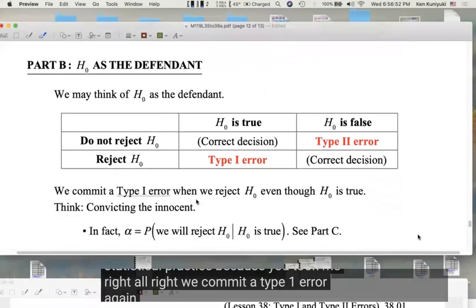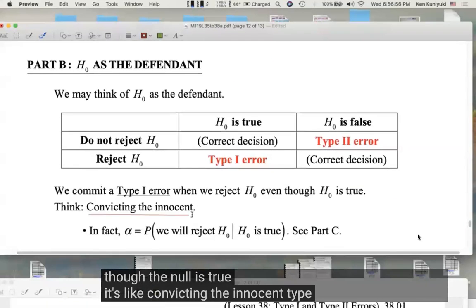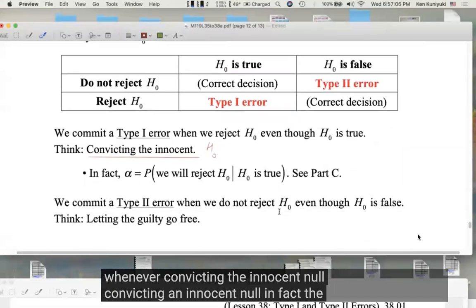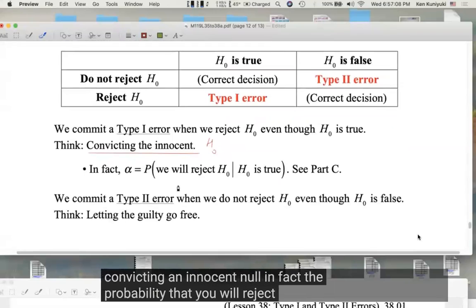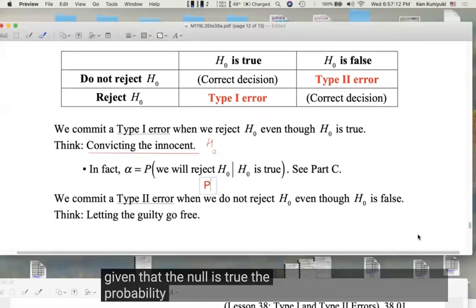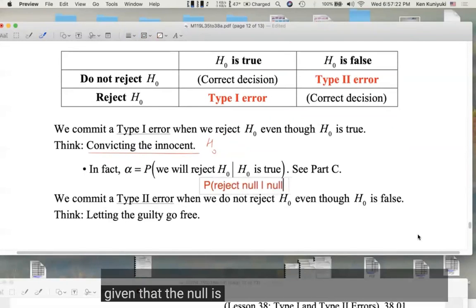We commit a type 1 error when we reject the null, even though the null is true. It's like convicting the innocent. Type 1 error, convicting an innocent null. In fact, the probability that you reject the null, given that the null is true, is alpha.